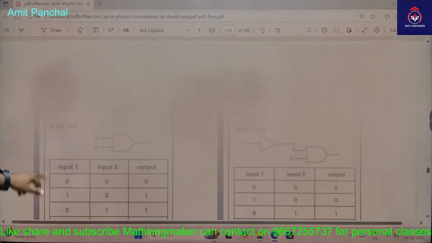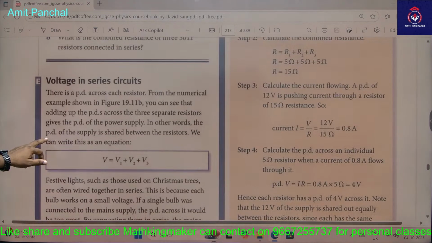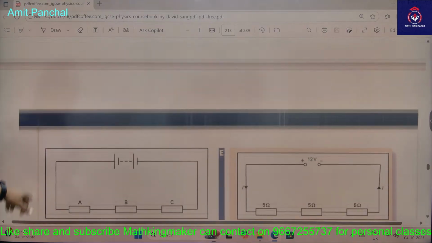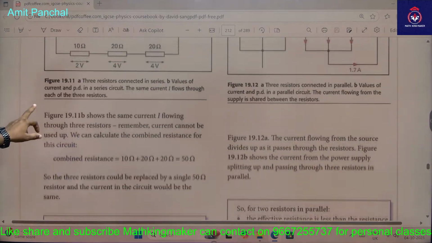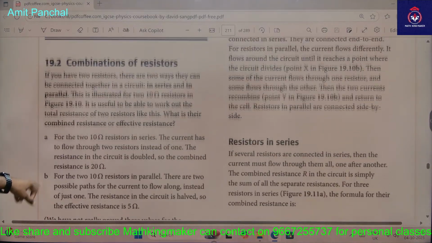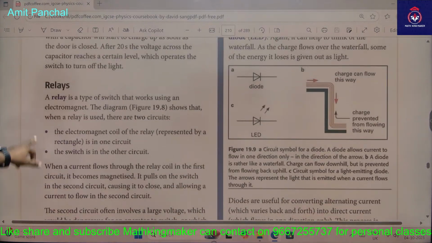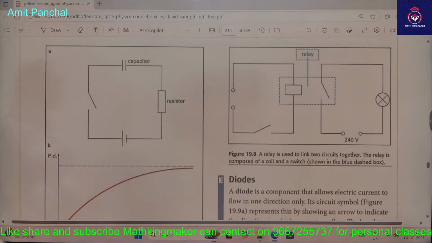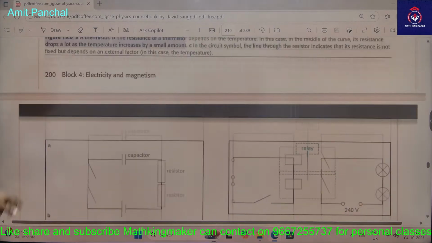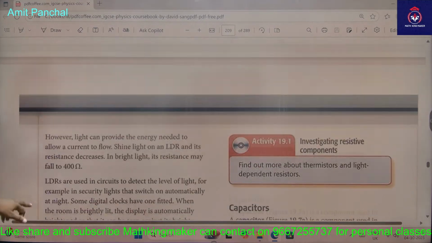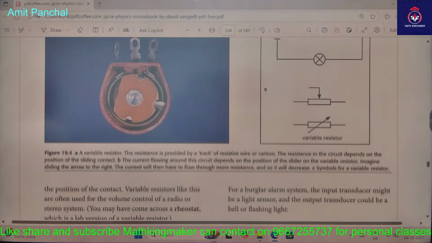Yeah, we covered all those topics: resistors in series, relays. Before that was electronic components. So before this whole chapter, the previous chapter.